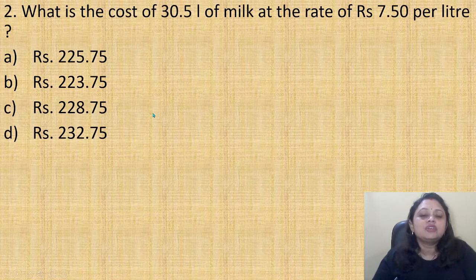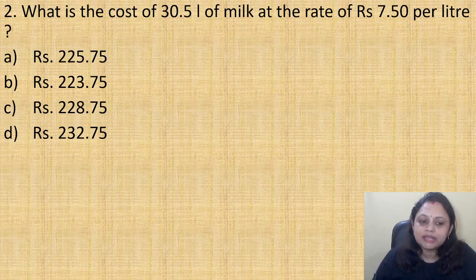What is the cost of 30.5 liter of milk at the rate of rupees 7.50 per liter? Option A rupees 225.75, B rupees 223.75, C rupees 228.75, D rupees 232.75.